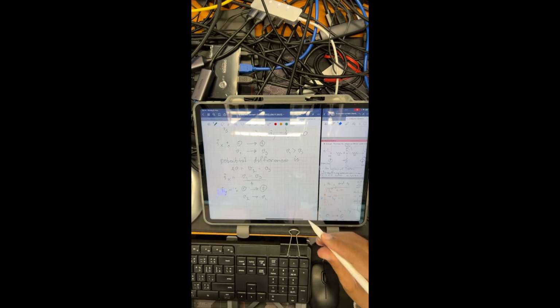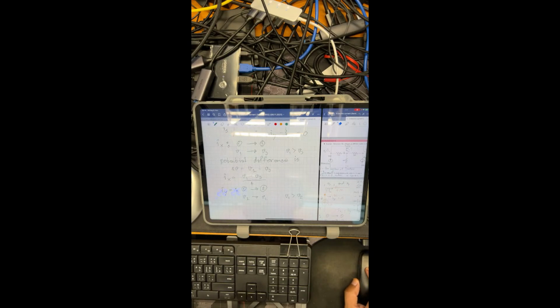In this case, we assume that V1 is greater than V2, okay? But we are not sure yet whether it's correct or not, because this is only the assumption you make from the current direction like this, okay?